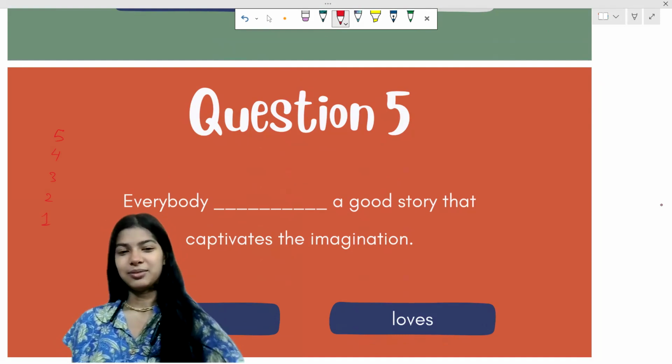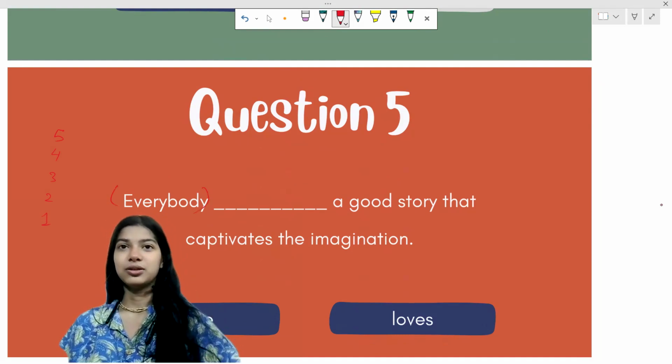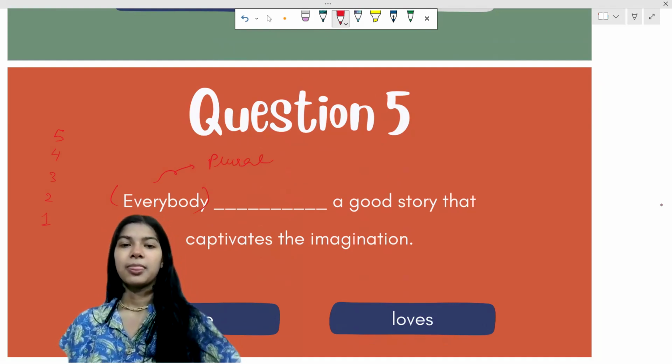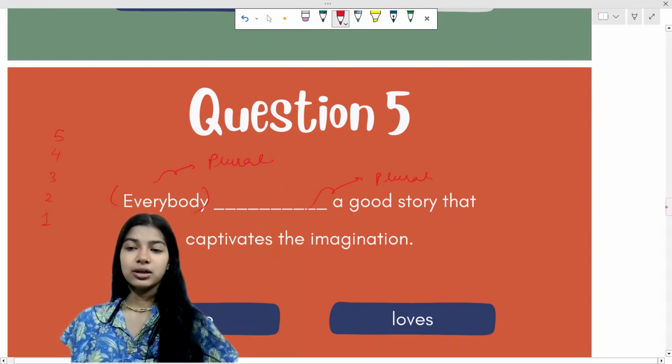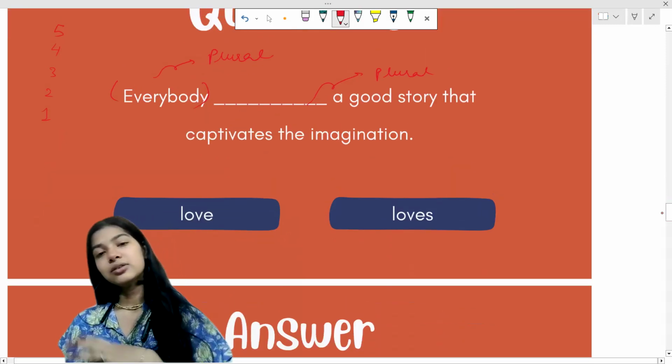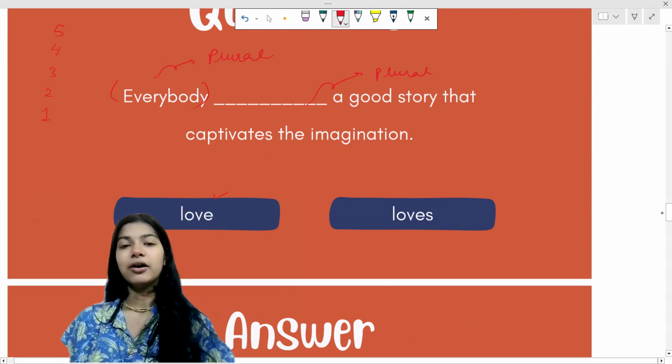The timer is up. Here, everybody means more than 2 persons, that is plural. So the verb should also be plural, meaning it should not contain any S or ES. That means love.